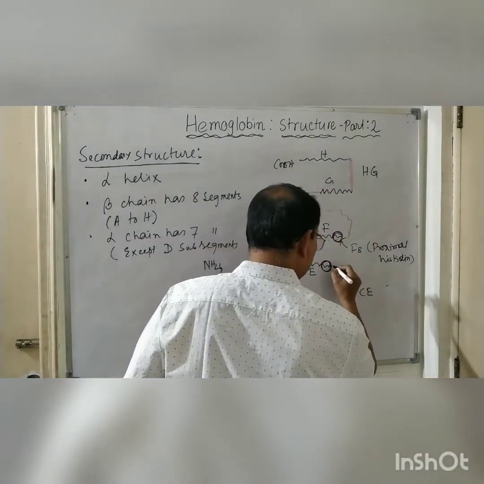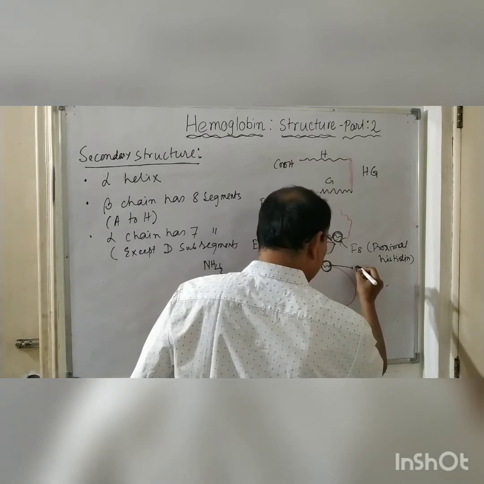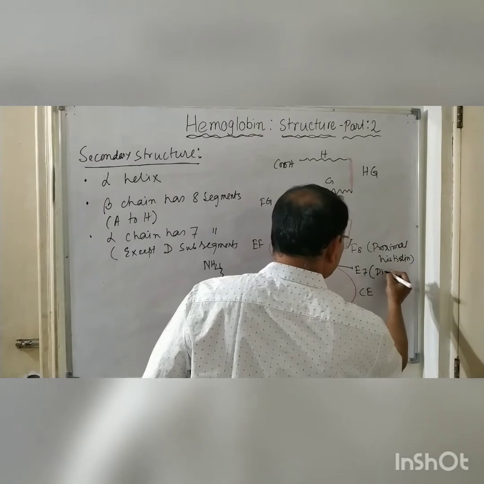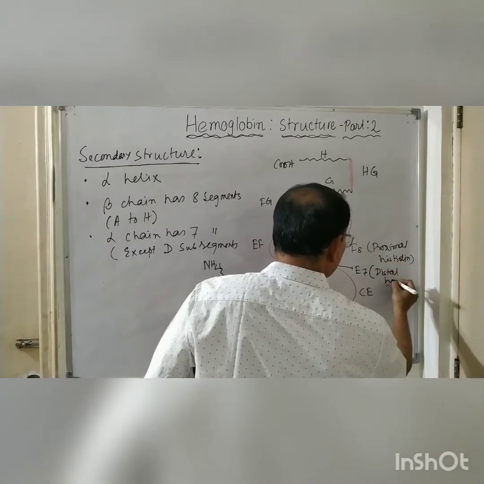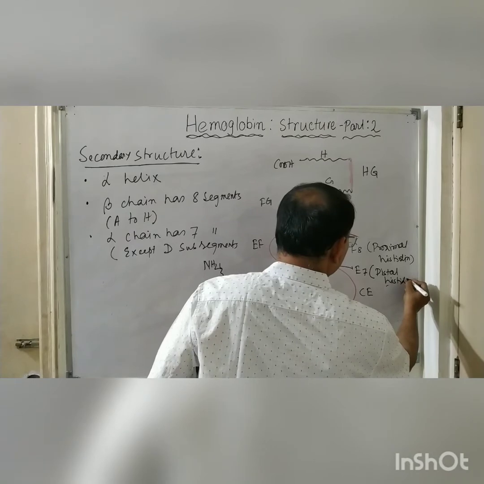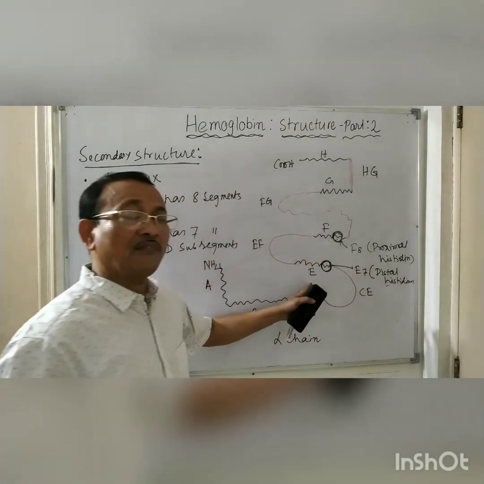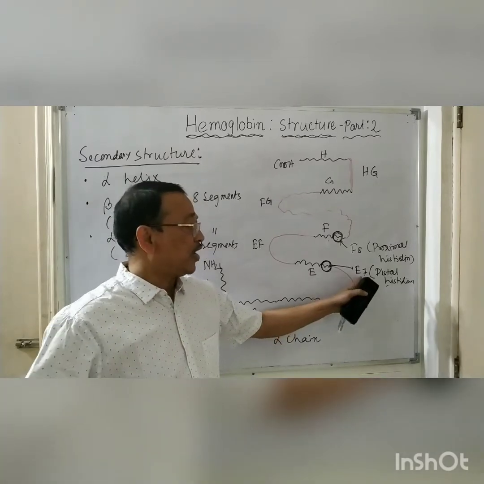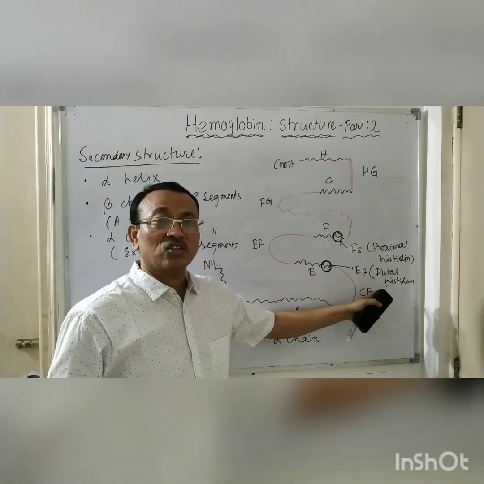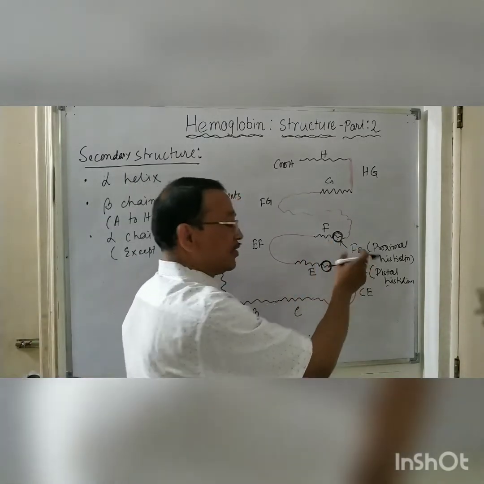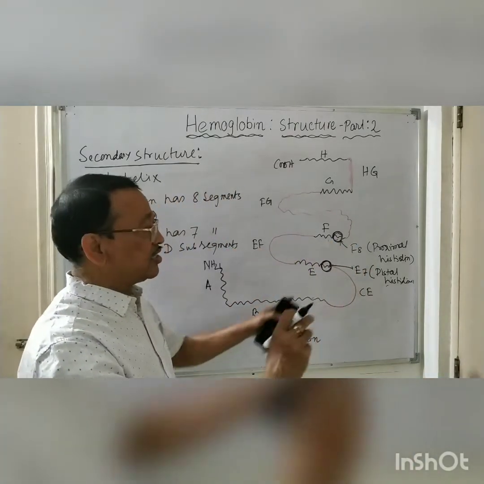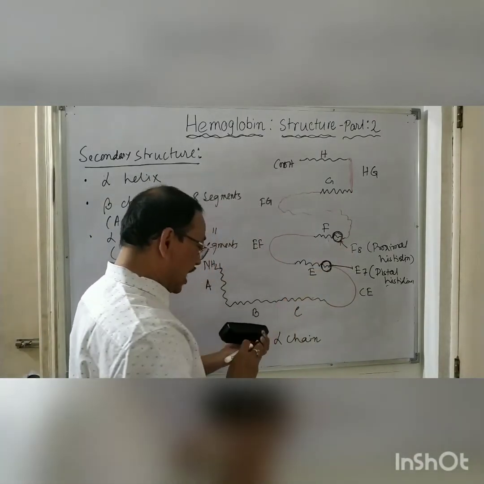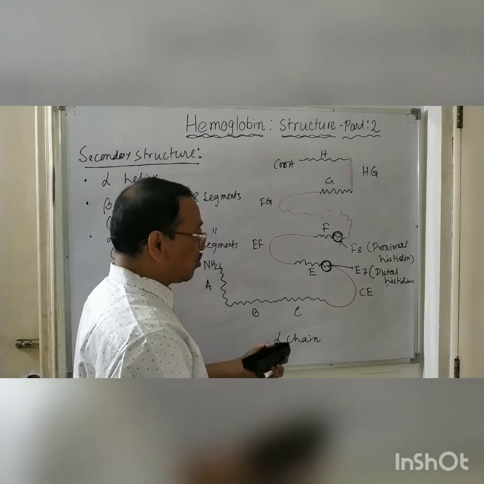This is known as the E7, and it is the distal histidine. This is in case of the alpha chain. In case of the beta chain, the 92nd residue is the distal histidine. So F8 and E7 are very important, because at the F8 residue the ferrous ion is covalently linked.